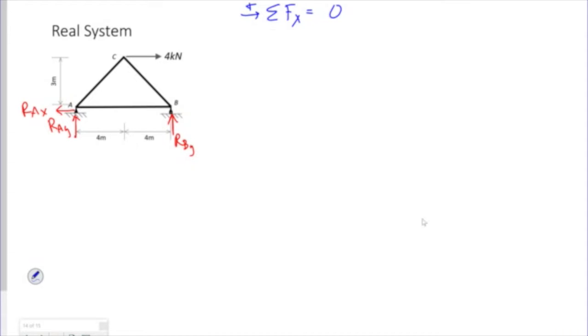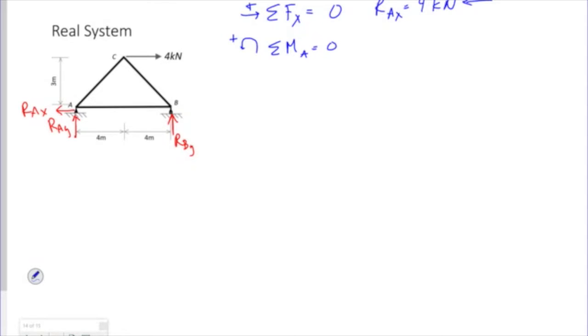Now the sum of the moments about A is equal to 0.